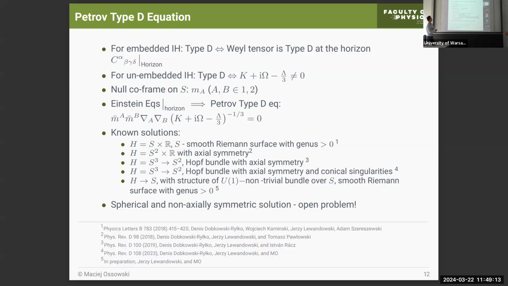To state the Petrov type D equation, it is probably most convenient to introduce some null coframe on S, and then this is a partial differential equation on these invariants of the horizons, which generically are functions.